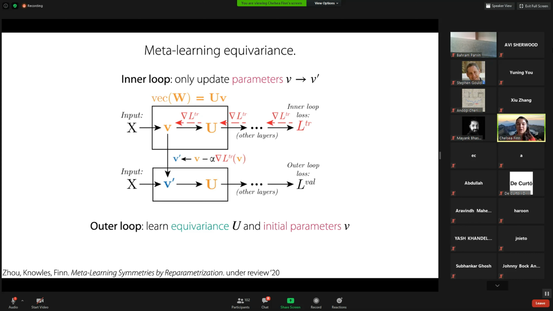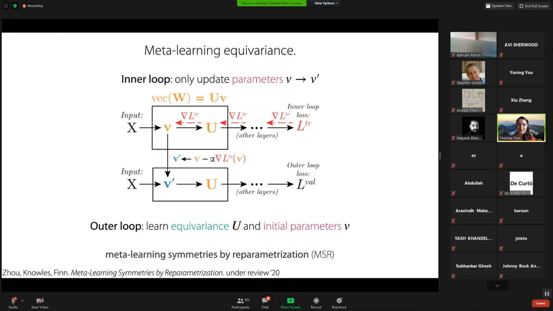And then in the outer loop, we'll learn both the equivariance U as well as the initial parameters V. So this allows us to learn certain equivariance patterns that we assume are fixed across all of the tasks in our meta training set, and preserve it for all of the tasks.